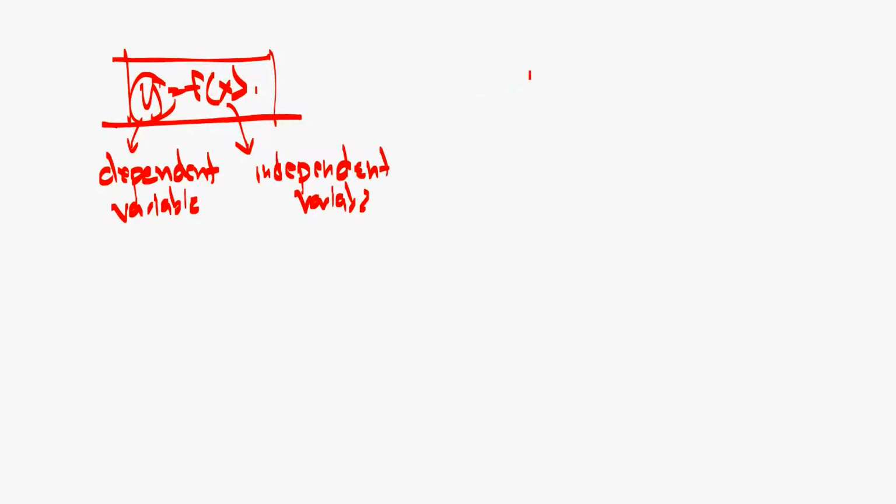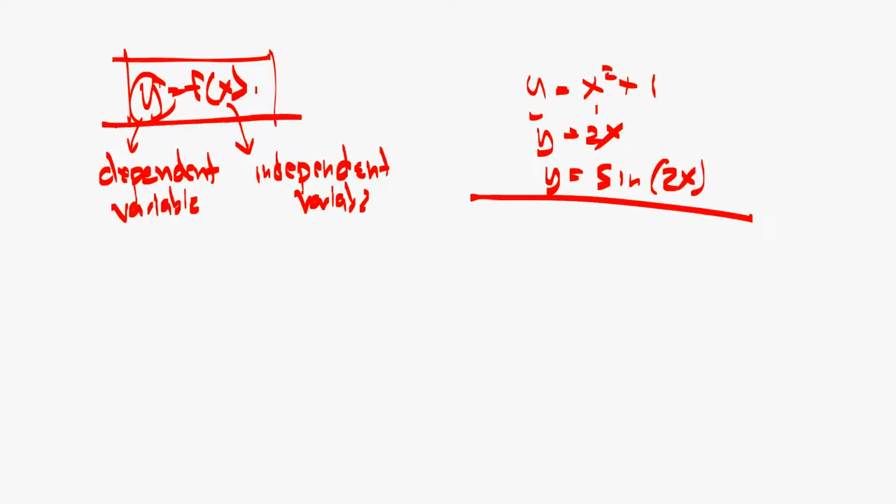For example, y is equal to x squared plus 1, or y is equal to 2x, or y is equal to sine 2x, or things like that. Whatever the value of x, if you input that in this equation, that's going to be the value of y.